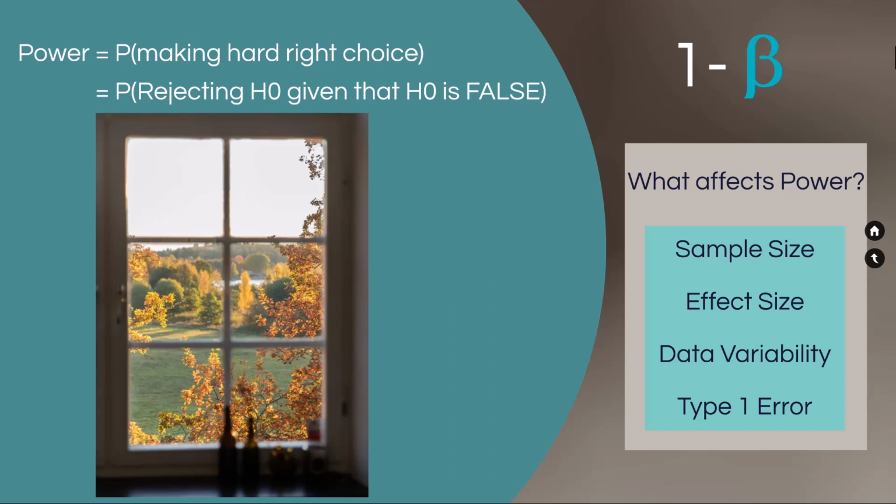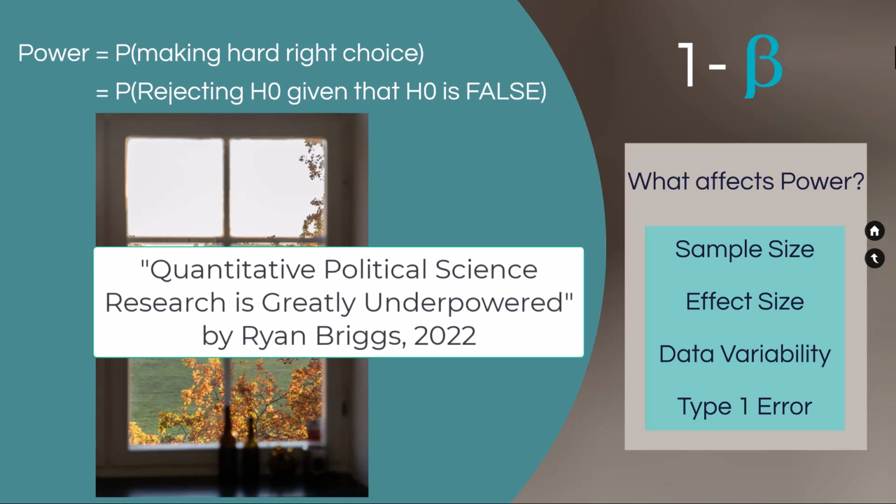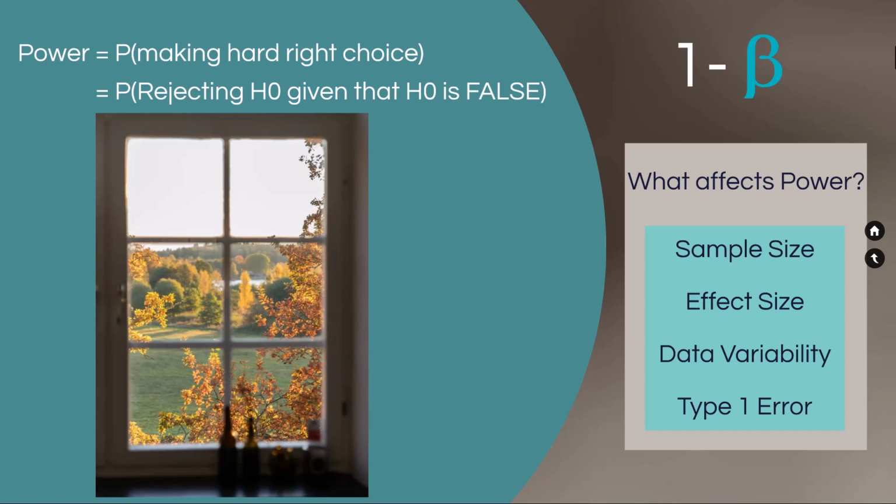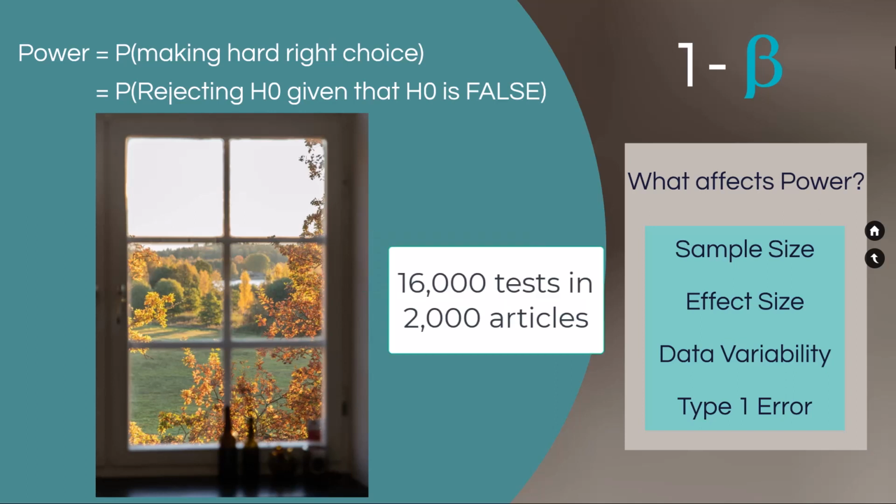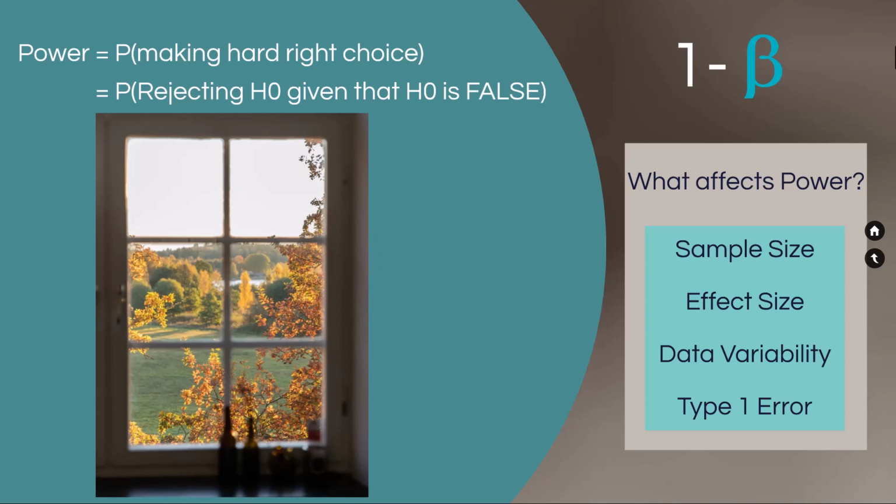So the general consensus is the minimal acceptable power of a test should be about 85%. That's considered acceptable. There was a paper that came out maybe a year or two ago. It was a meta-analysis of political science papers. And they found that the median power for the tests in the, I think, 2,000 papers they looked at was about 10%.